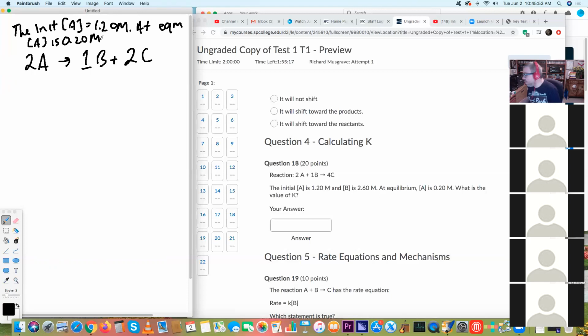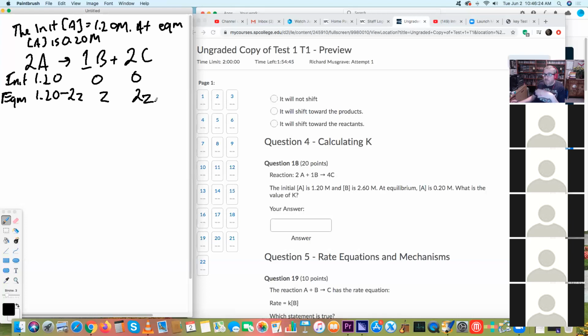As I said, you will not get a B value then, because B is a product now in this equation. So when we do this, we have the initial, which is going to be 1.20, and this will be 0, and this will be 0, and then the equilibrium, this will be 1.20 minus 2Z. This will be Z, and this will be 2Z. So you see the changes that would occur then? It's not just in the equilibrium itself, the K value.